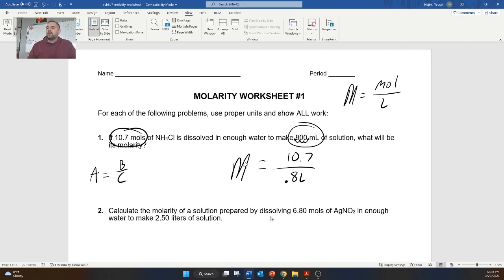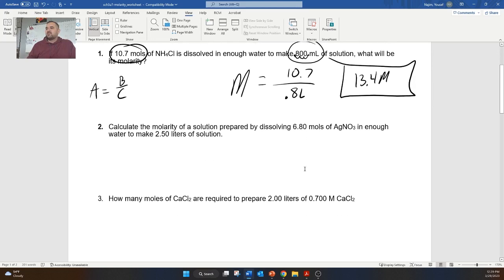What's our molarity here? 13 point what? All right, we're going to round that to 13.4 molar solution of NH4Cl. Are we good? All right, let's move on.